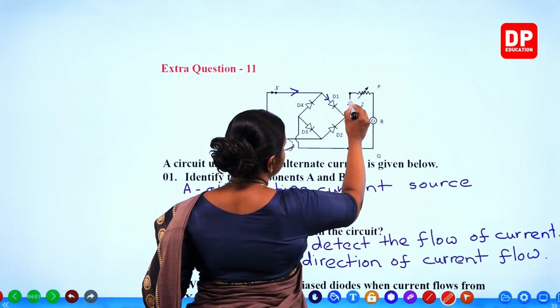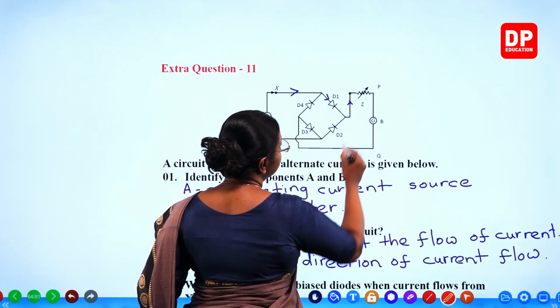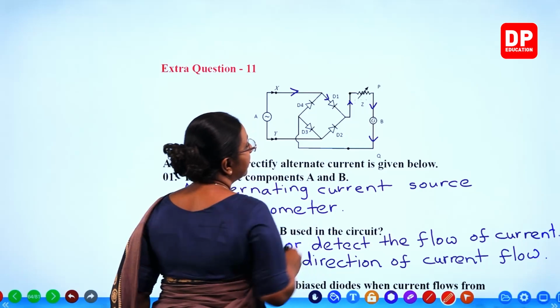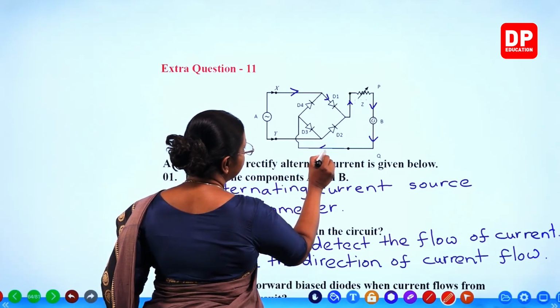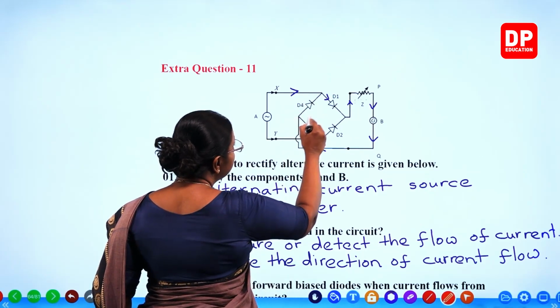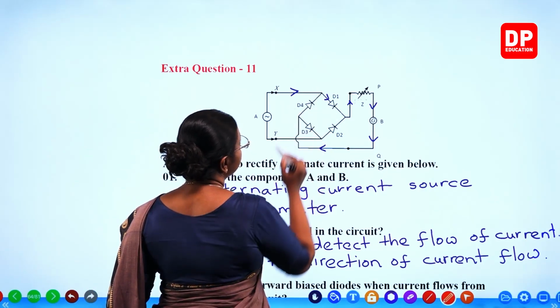Current will flow this way through Z, the variable resistor, then from P towards Q through the galvanometer B. Then it comes back here, and when it reaches this point, D4 is reverse biased because D4 again joins with this point.